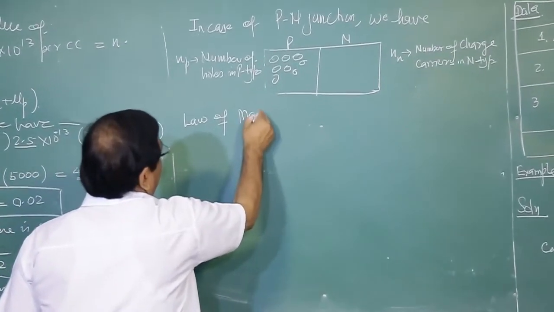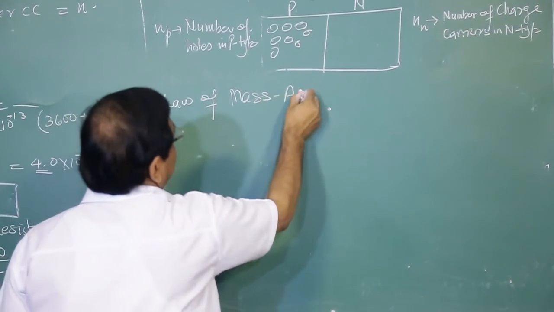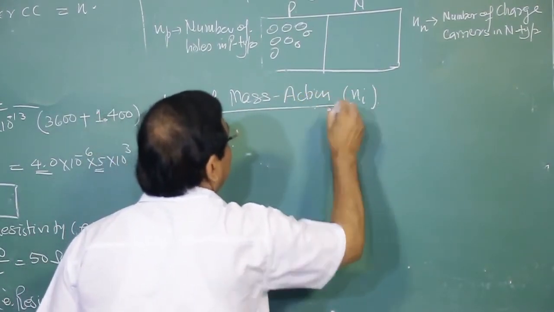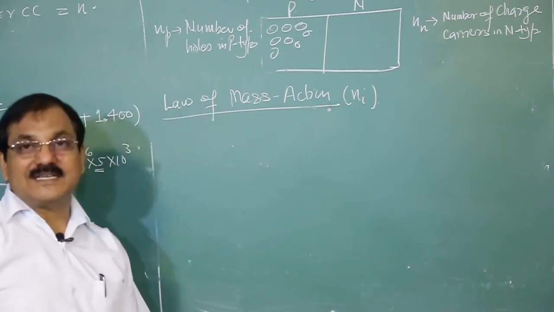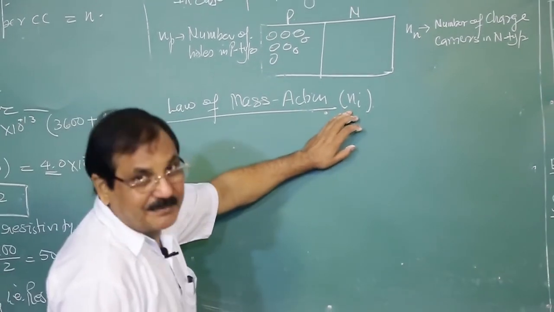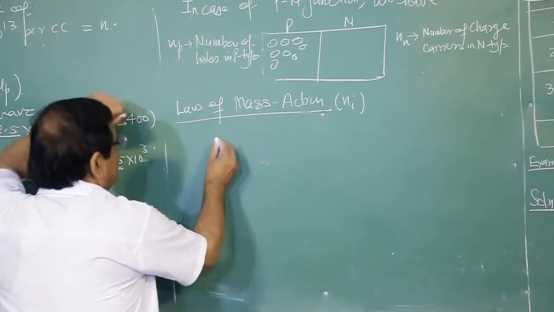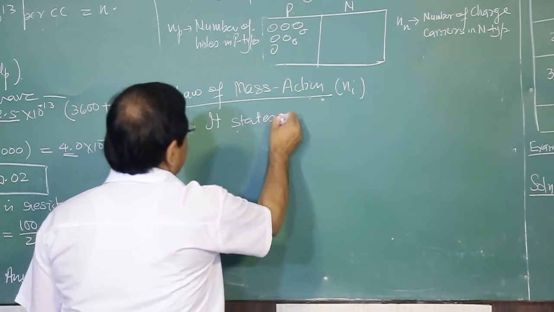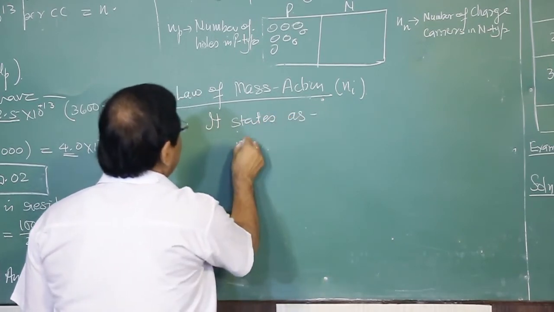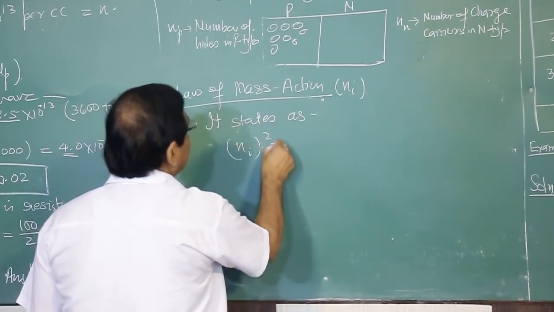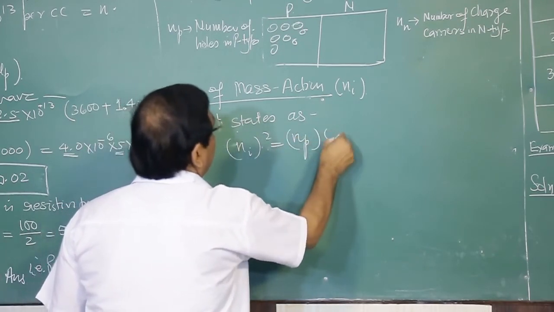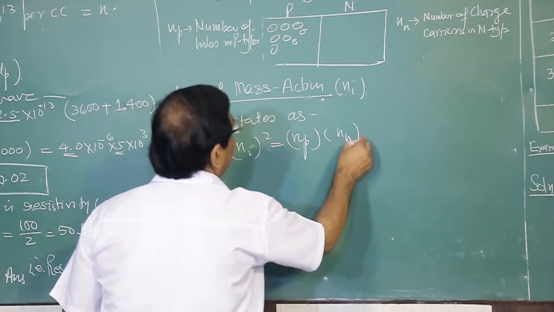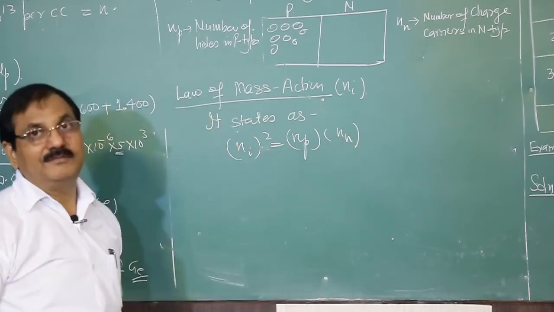The law of mass action, where Ni is the intrinsic semiconductor concentration, states that Ni squared is equal to N of P into N of N.